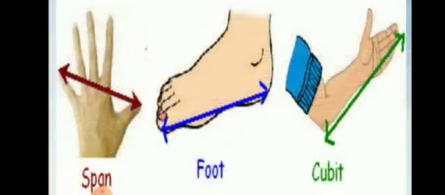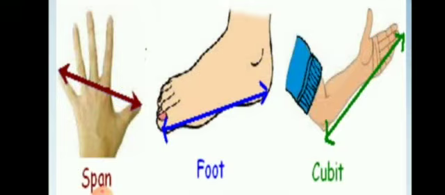Children, when you want to measure the length of your dining table in your dining room, what do you use? If you use a hand span, how many hand spans will the length of that table be? When the same table is measured by your friends, how many hand spans will it be?